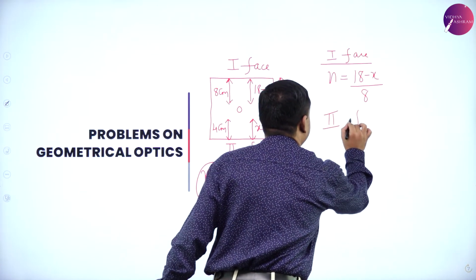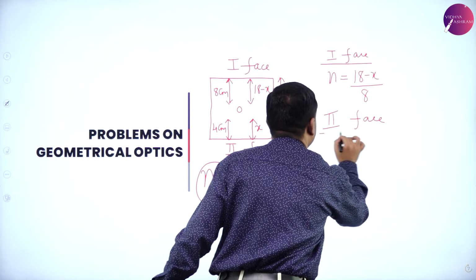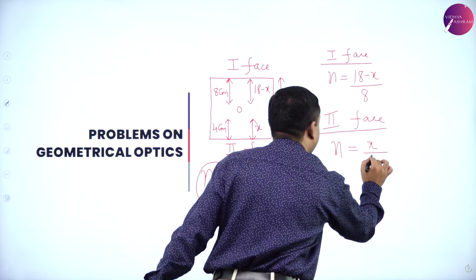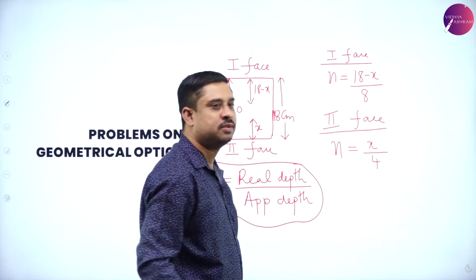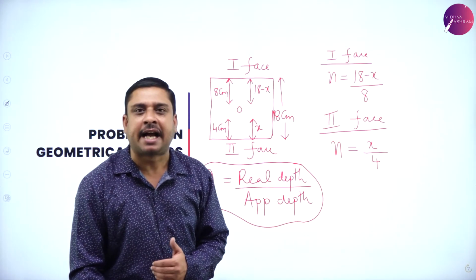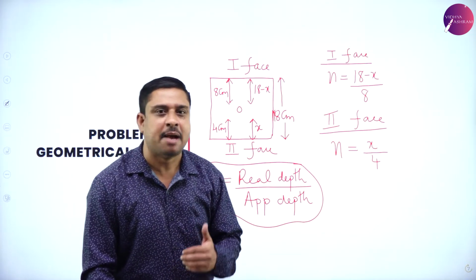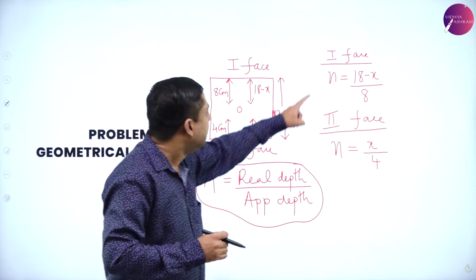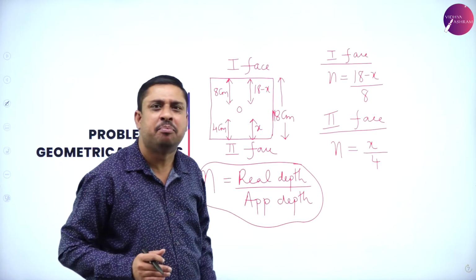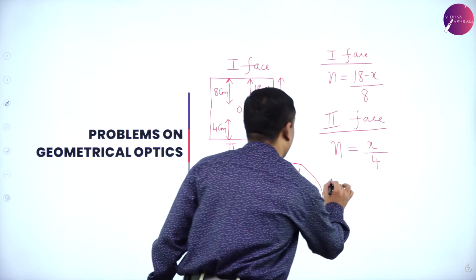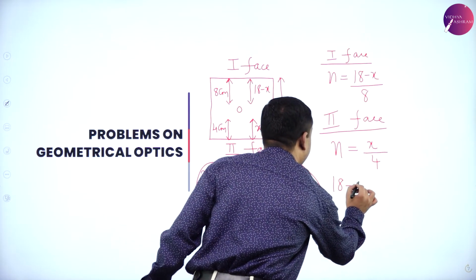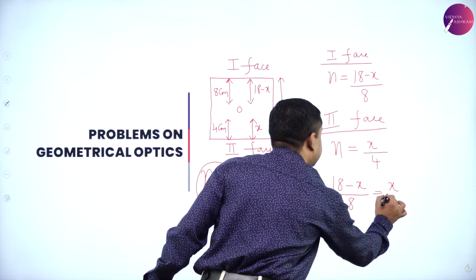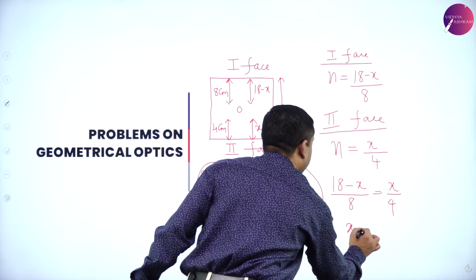Second phase, n is real depth x divided by 4. Again, refractive index is real depth divided by apparent depth. Left hand side is the same, n. So 18 minus x by 8 is x divided by 4.